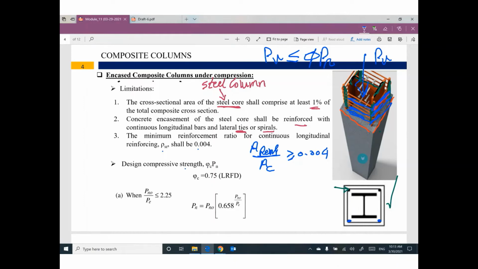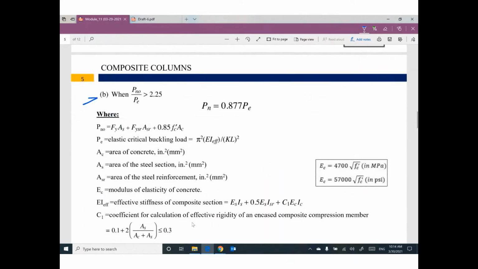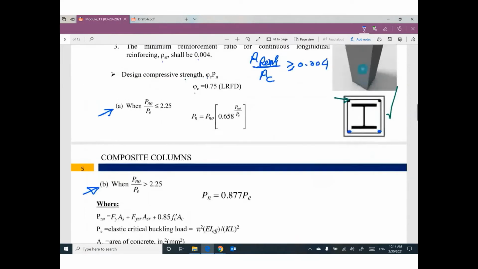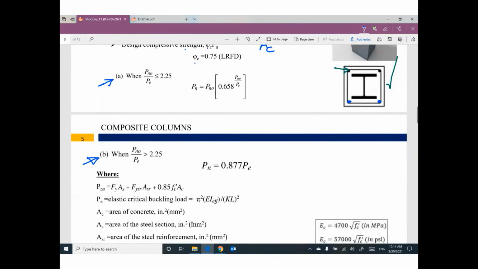The design compressive strength is phi Pn, where phi equals 0.75, and we have two cases: Pn naught divided by Pe smaller than or equal to 2.25, or Pn naught divided by Pe greater than 2.25.